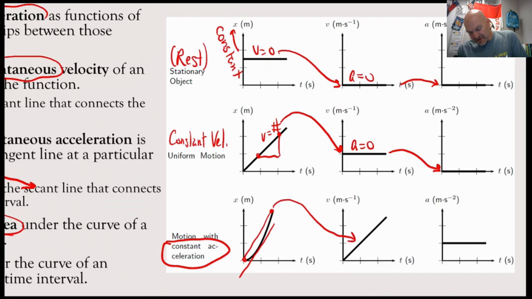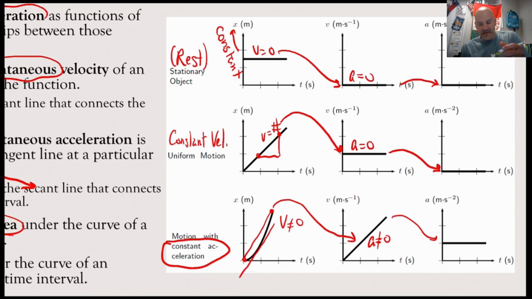Okay, which means over time, my velocity does not equal 0. It is a non-zero value, right, which then makes my velocity graph a sloped line. And now my acceleration is not equal to 0, which means I have a non-zero value for my acceleration.